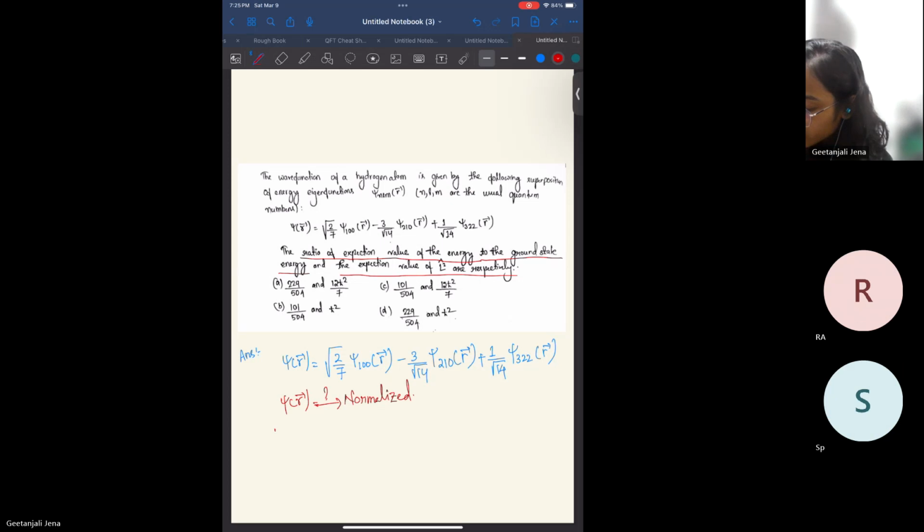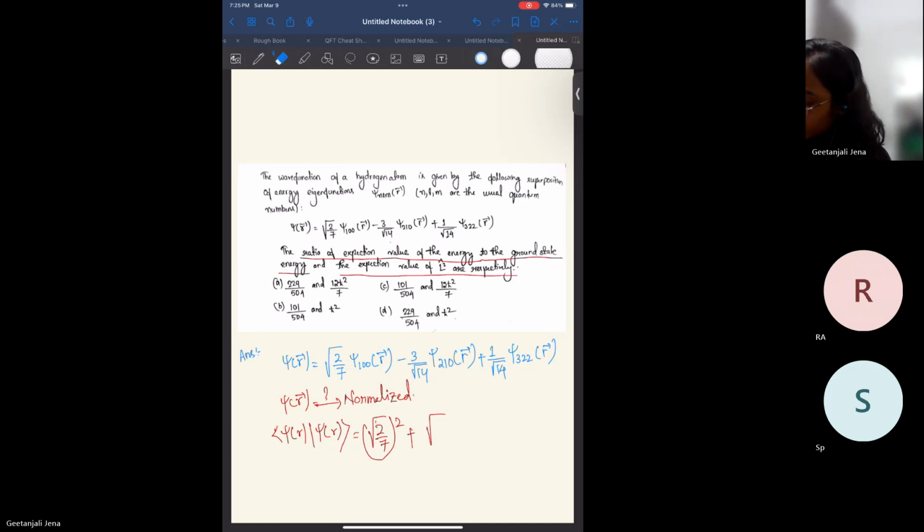So psi of r is nothing but root over 2 by 7 square, plus 3 by root 14 square, plus 1 by root 14 square.